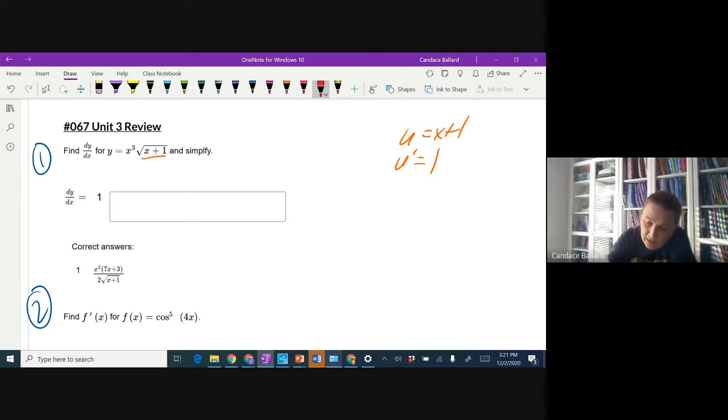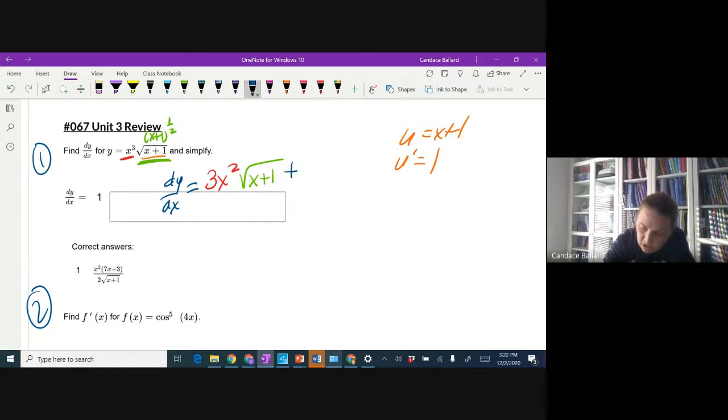So let's see. We've got this is the green, this is the red. And I could rewrite my green as x plus 1 to the 1/2 power. That's going to be useful at some point. And they're using the dy dx notation. So take the derivative of the red, 3x squared. Keep the green the way it is, and I tend to keep the square root, so x plus 1.